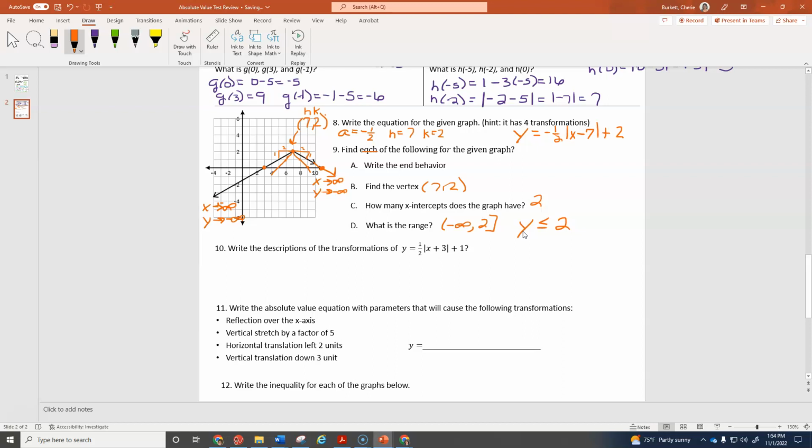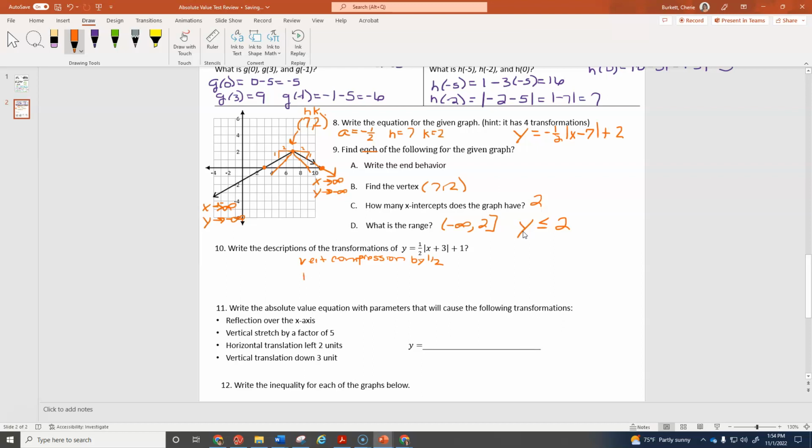Write the description of the transformations. That is a vertical compression or shrink. You could put shrink by a factor of 1/2. That means that each one of your y values got half as tall.